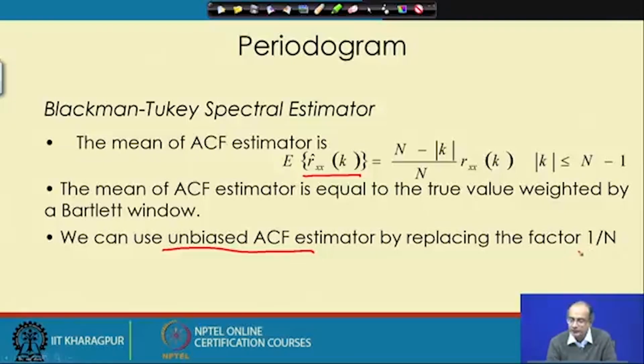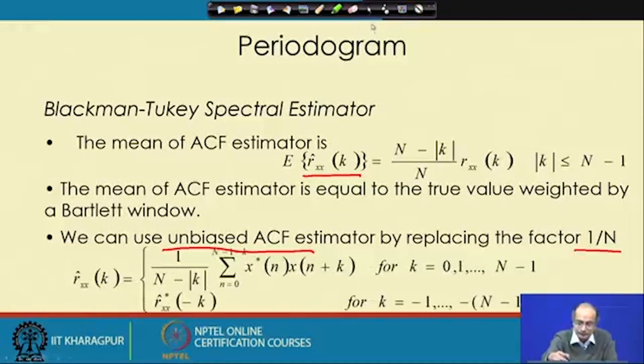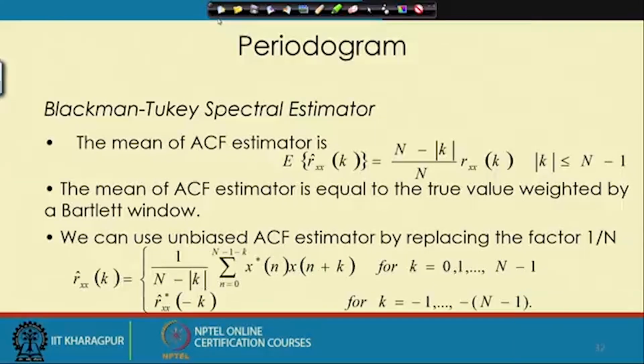Instead of using 1 by N, we can modify that. At least we can use the number of terms present in the summation. And here is the new formula we get.